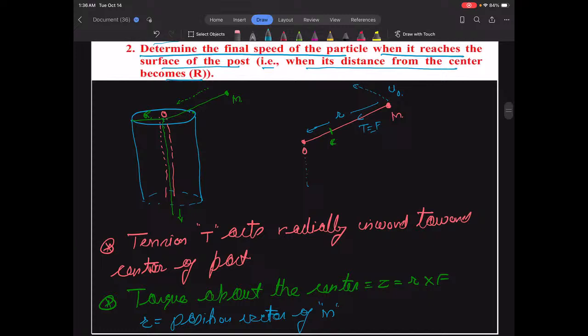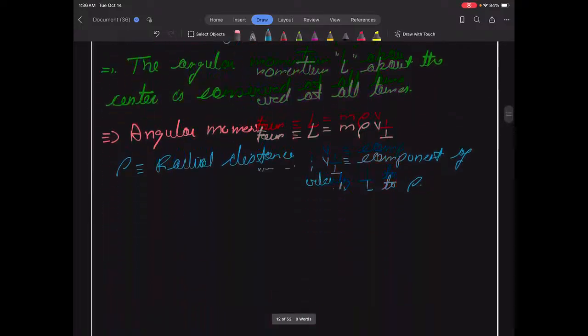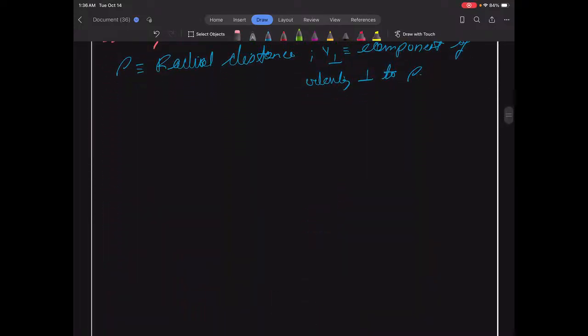Which basically means that there will be two kinds of forces acting on this mass m. One will be the tension force, because we are pulling the thread in the downward direction, and the other one is in a spiral motion. So ultimately the motion will be spiral inward.